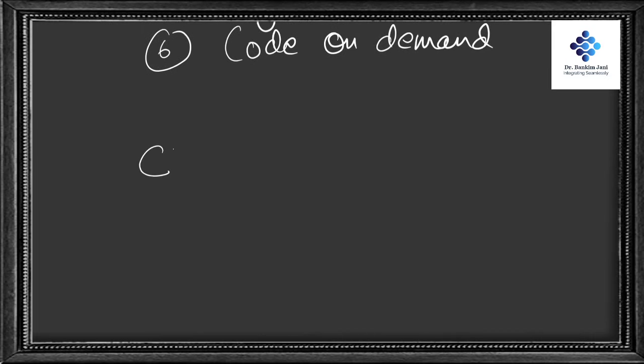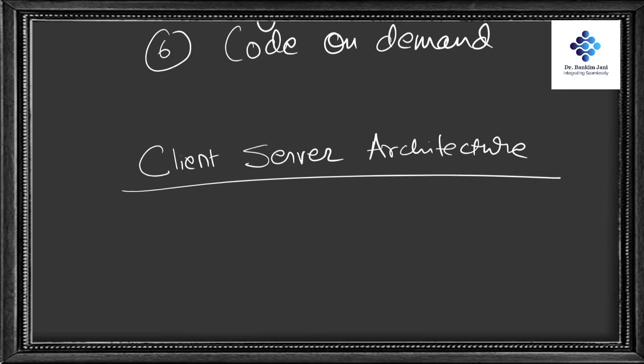The first thing is what is called the client server architecture. That means we are talking about this RESTful API. They are following what's called the client server architecture, right?